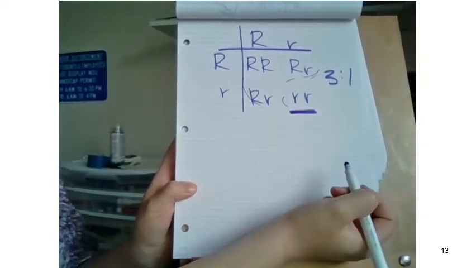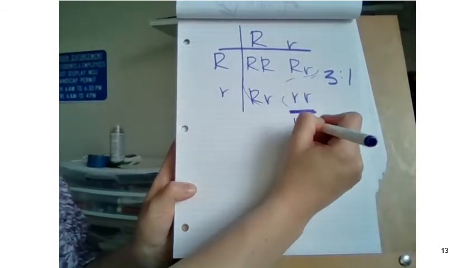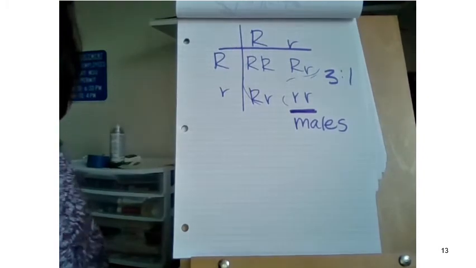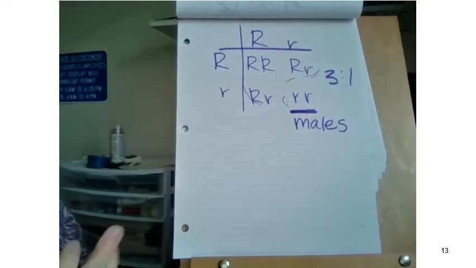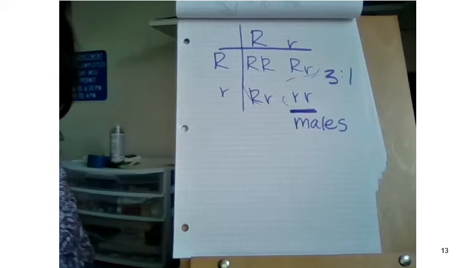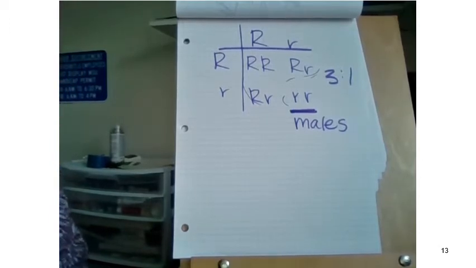In the flies that had white eyes, they happen to all be males. You would expect that of that 25% that had white eyes, half of them would be female and half of them would be male. And in fact, that's not what he found. He found that a greater percentage of these white-eyed flies were male.